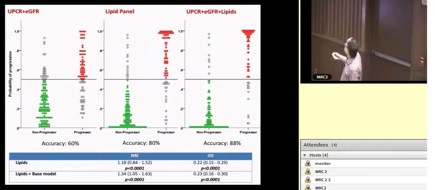And if you add all three parameters together, it is even better, and the accuracy increases to 88%.